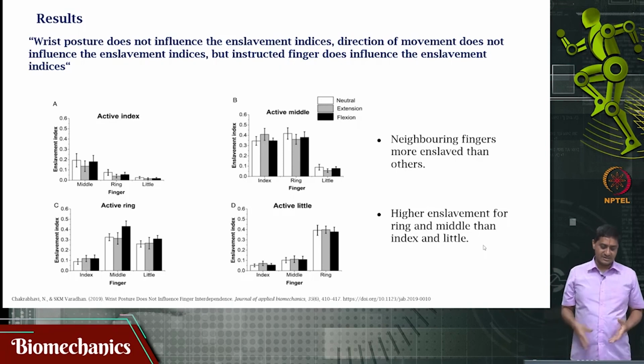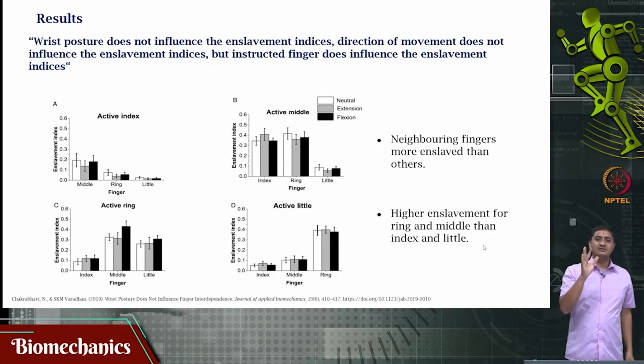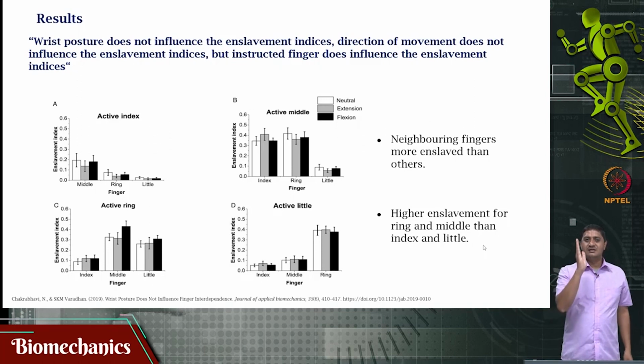Well, that means depending on whether you are the index finger, middle finger, ring finger or little finger, the enslavement index changes. But the direction of movement of the finger does not affect the enslavement. The posture of the wrist, as in neutral or flexion or extension, does not affect the enslavement. Okay. That is what we find.